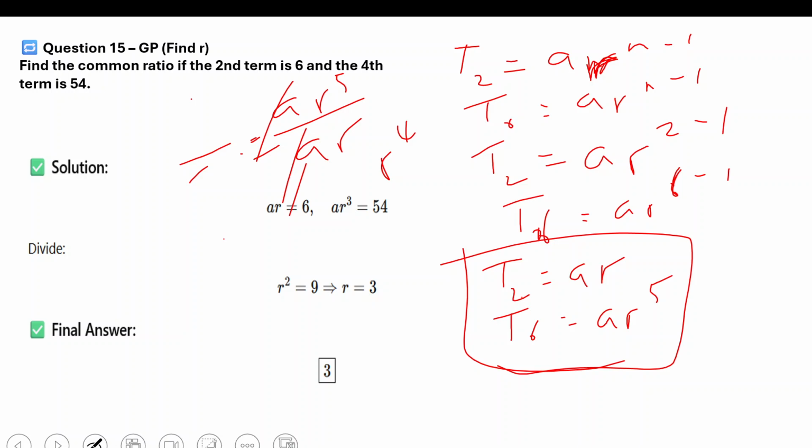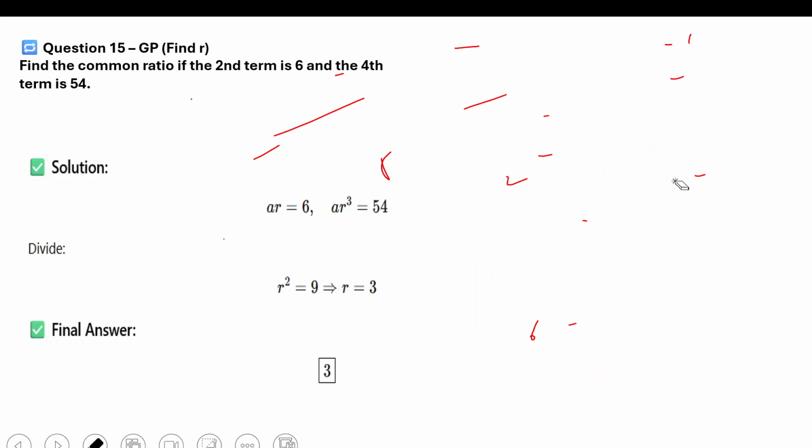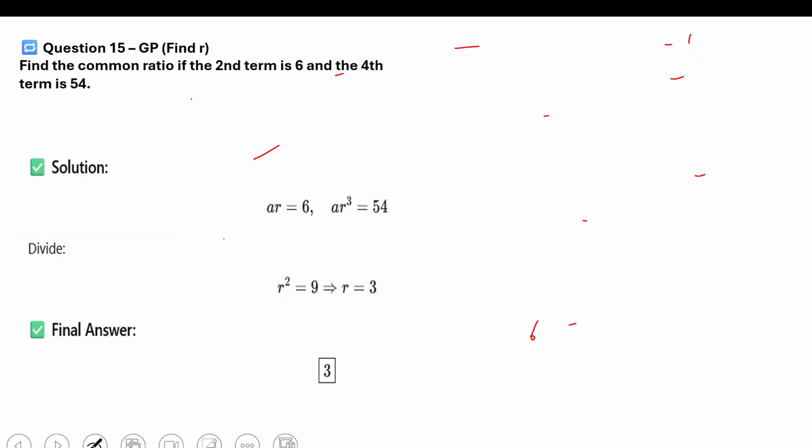The ratio of the second term is 6 and the fourth term, not T6, it is T4. Wow. I will take this off and start again. I got the terms mixed up. Okay, let me do it again, taking it gradually.